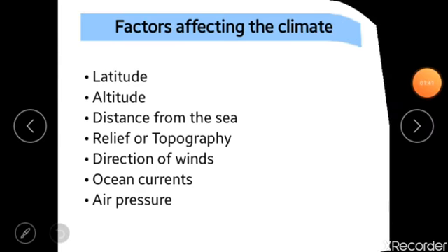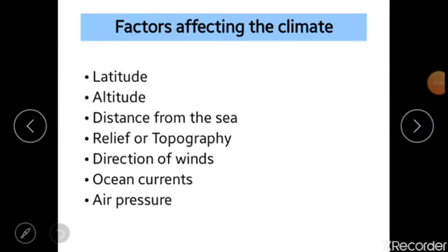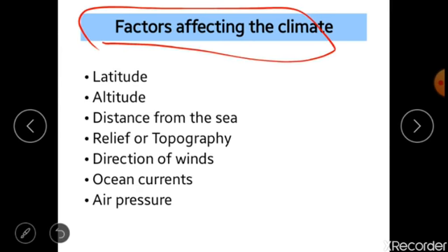So in today's lesson, the factors that influence the climate of any region on earth will be discussed. Factors affecting the climate: there are several factors that affect and alter the climatic conditions of an area.